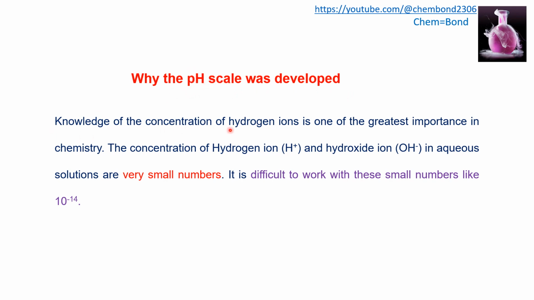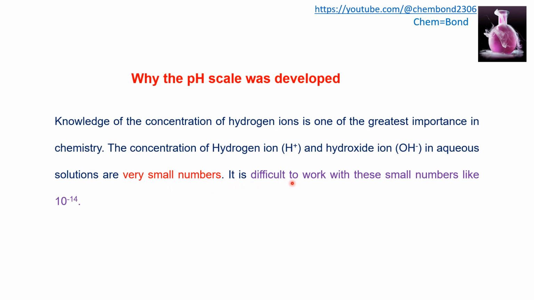Knowing the concentration of hydrogen ion is of the greatest importance in chemistry. The concentrations of hydrogen ion and hydroxide ion in aqueous solution are very small numbers, like 10 raised to power minus 2, 10 raised to power minus 12, 10 raised to power minus 7.